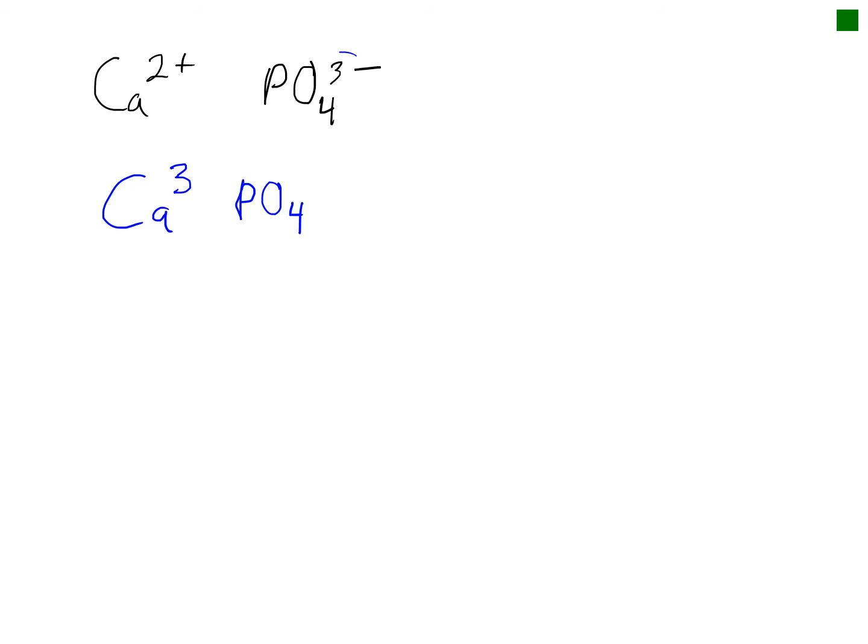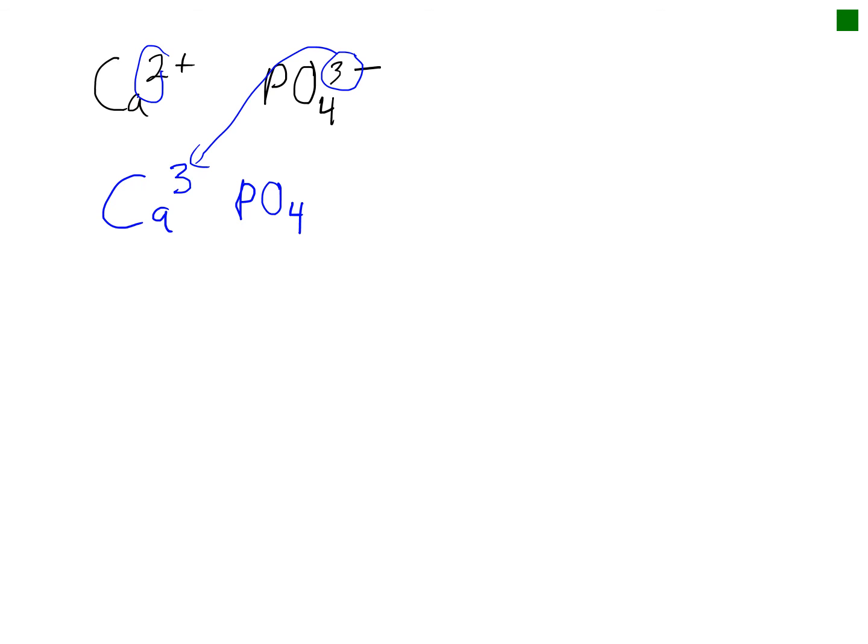All right, the next example we're going to look at is one involving calcium. So we're going to do Ca2+, and then we're going to look at the phosphate anion, PO4 3-. Again, we can use our switch, drop, and reduce method. If we switch behind the calcium, we're going to put that number 3 over here coming from the phosphate.